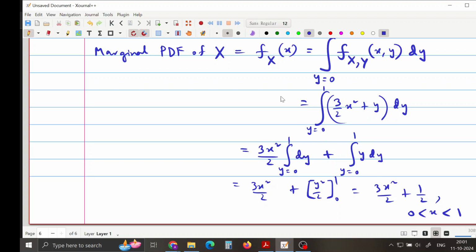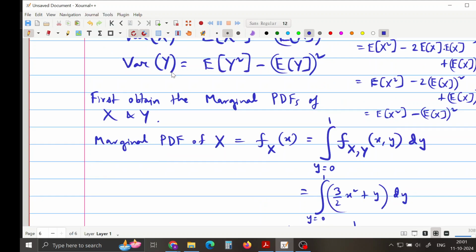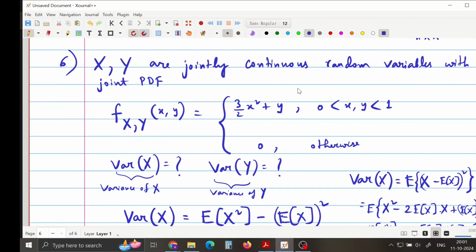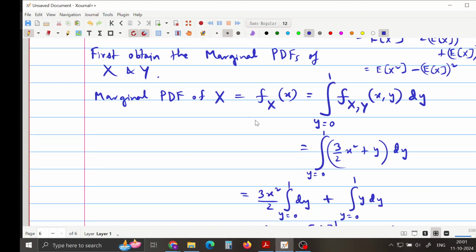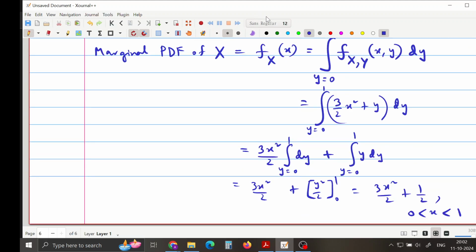Okay, go to the definition here: both x and y lying in this interval 0 to 1, then only it is non-zero and the joint PDF is 3x squared by 2 plus y, otherwise 0. So this is the marginal PDF of x, what we have found just now. Now we can go ahead and find the expectation of x or expectation of x squared and so on.